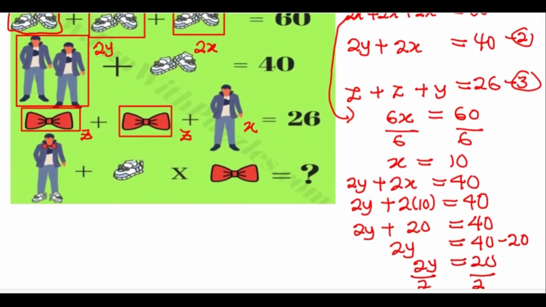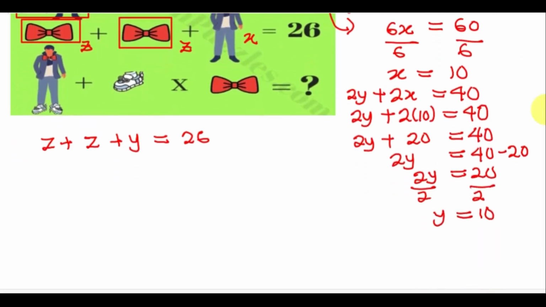So now let's look at equation 3. From equation 3, we have z plus z plus y equals 26. But we have solved for y and got 10. So that gives us 2z plus 10 equals 26.